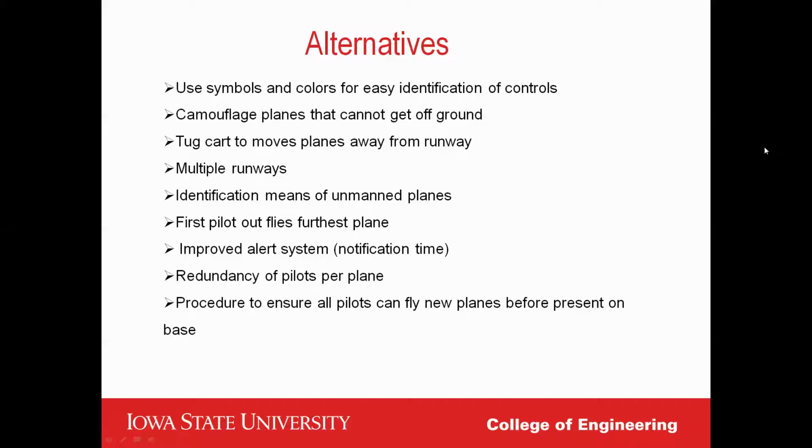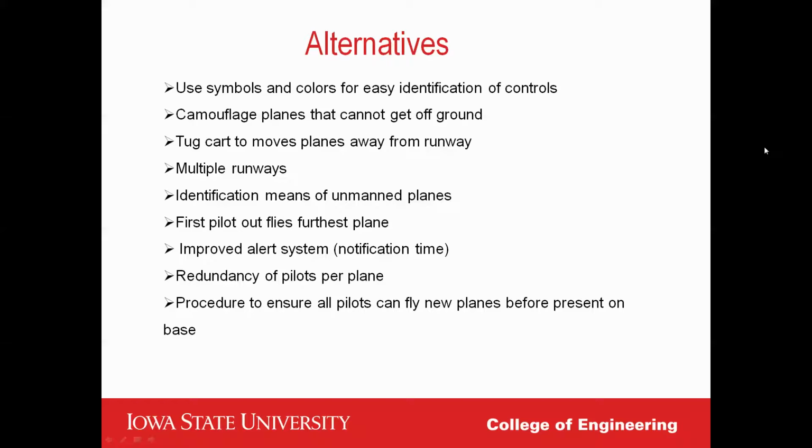Again, we discussed the identification of manned planes, where if there is a pilot already in a plane, there is a way to signal it rather than a pilot running all the way up to realize that it's already been manned. One of the last alternatives that we discussed was that the first pilot out of the pilot house or command house would run to the furthest plane, so that it's a first in, first out system, where this would help the last person coming out to fly the closest plane.